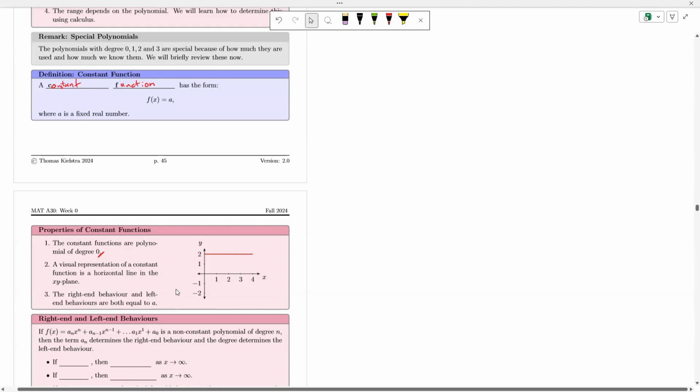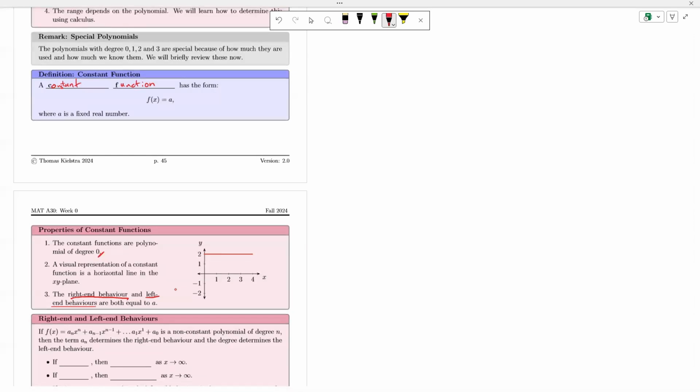And what are the right end behaviors and left end behaviors? They are what the function goes toward as x becomes unbounded in the positive direction or negative direction. You can think of this as, as x goes off to positive infinity, what does the function approach?